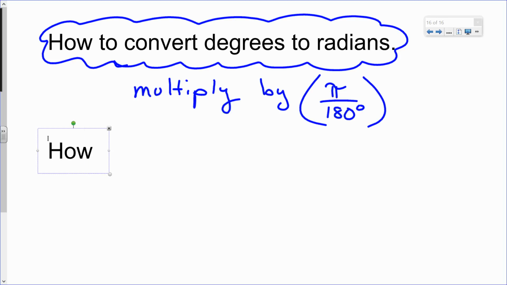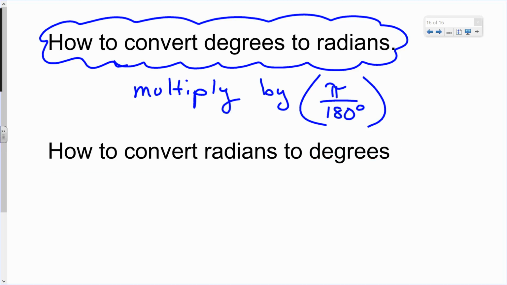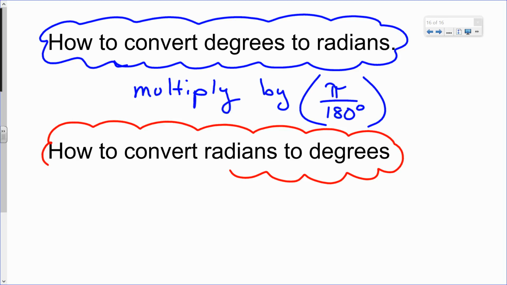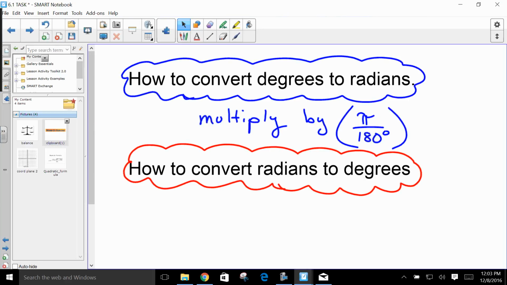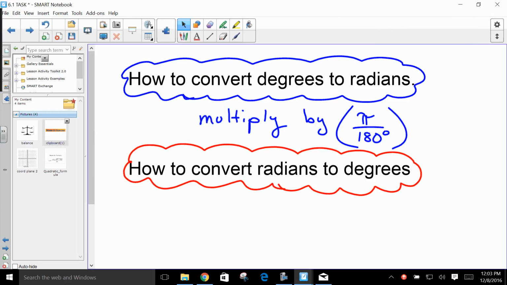How to convert radians to degrees? We want to convert radians to degrees.